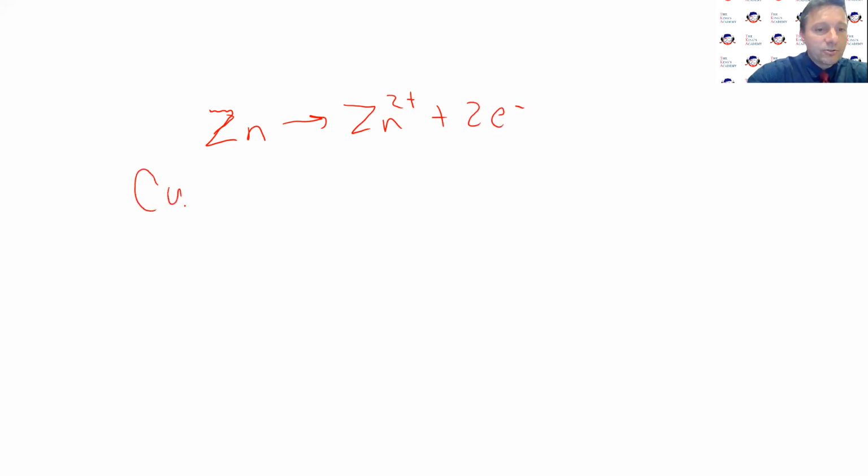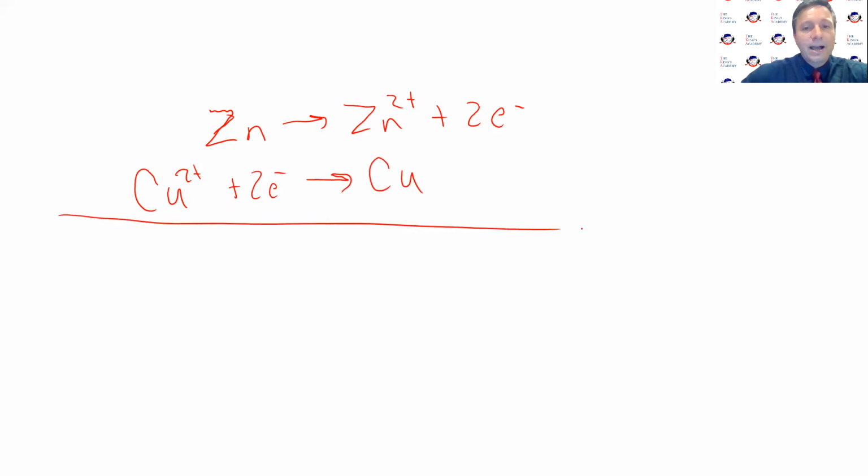What I want to leave you with is the half reactions that we talked about. So we have our zinc, and it is becoming zinc 2+ plus 2 electrons, and then we have our copper, Cu2+ plus 2 electrons, and that is going to form solid copper.